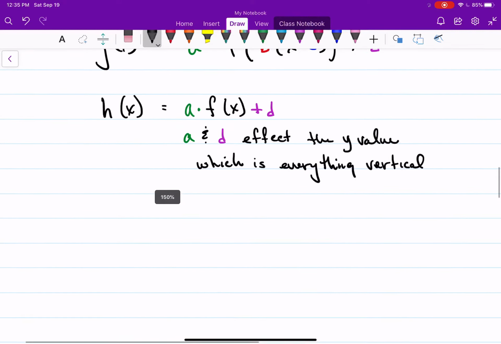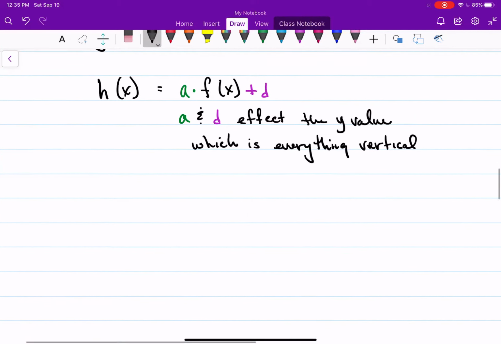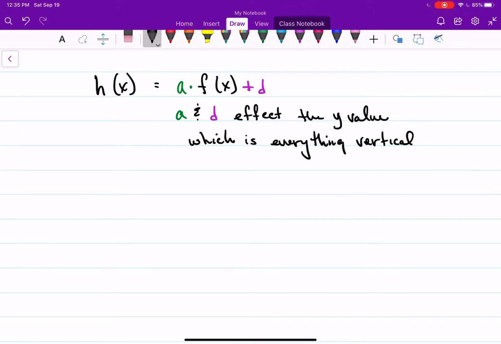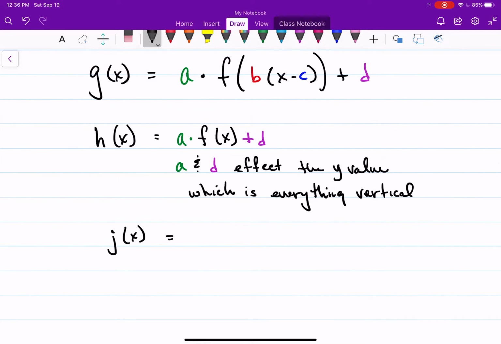Now, let's say a different function, like j of x, and let's call that everything that affects the x. So you look in here, what's actually connected to x? Well, if you notice, it'll be the b that is connected, and the c is connected to the x value, because it's all within that parentheses.